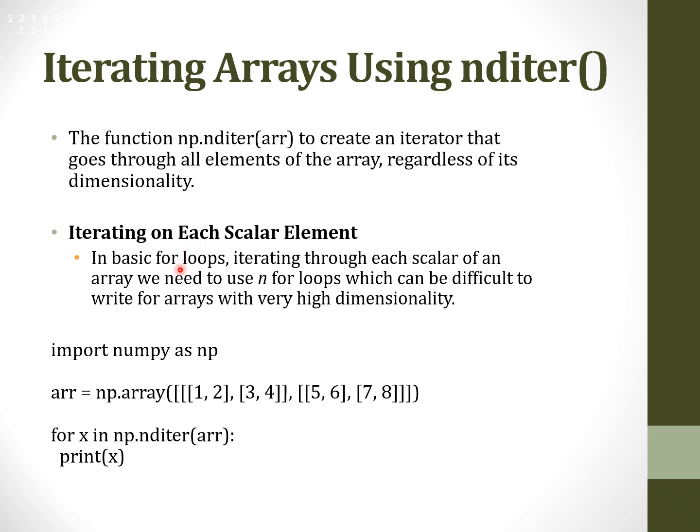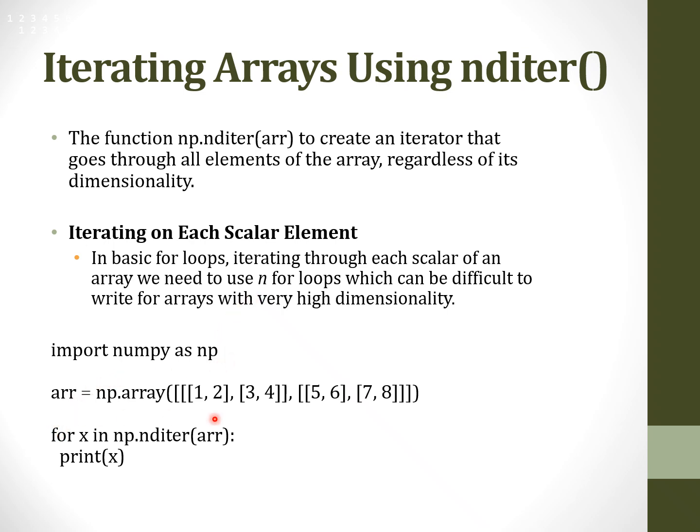In basic for loops, iterating through an array needs n for loops, which can be difficult to write for arrays with higher dimensionality. If we are dealing with high-dimensional arrays, it is very tedious to write that many loops. In that case, we can go for nditer.